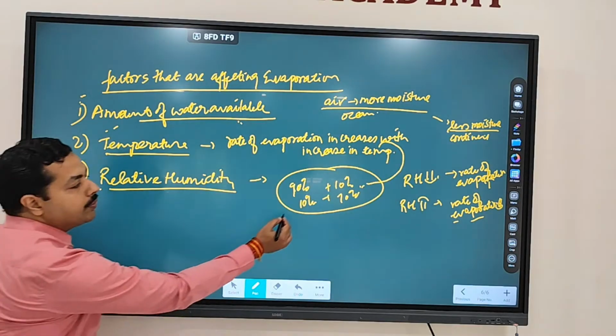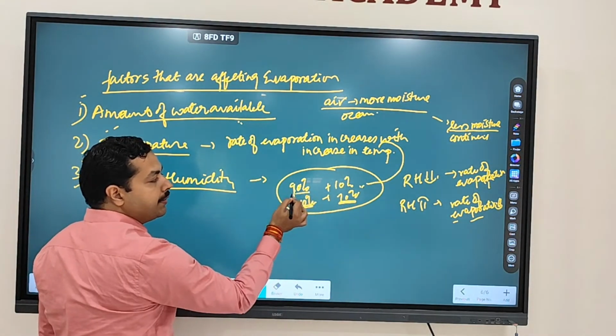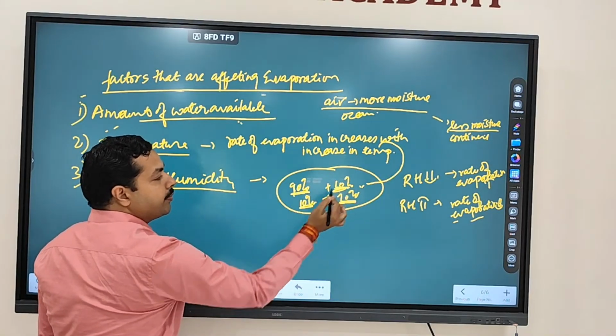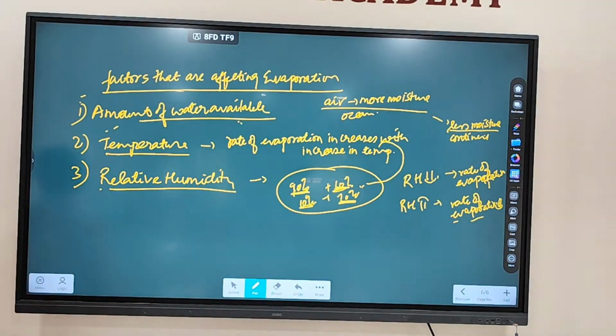As we discussed, relative humidity low, rate of evaporation high. If relative humidity is high, rate of evaporation will be low. So this is another factor which is impacting evaporation. Fine.